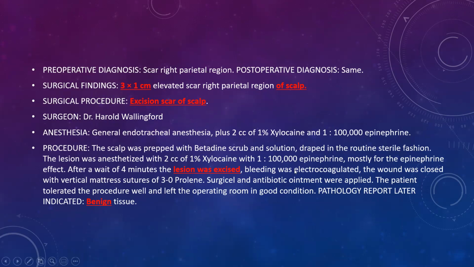The other thing I wanted to note here is that we do not have an extensive repair. We don't have any documentation about deep structures, bone, anything like that. So this is still going to be that simple repair that is included in the excision code, okay?